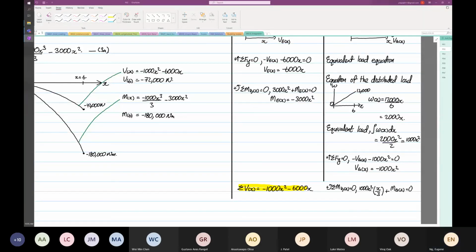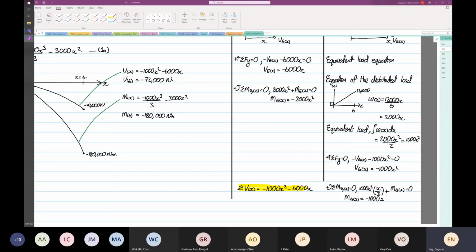Okay. So from here, the moment for the gradient distributed load will be equal to minus 1000 x cubed over 3.